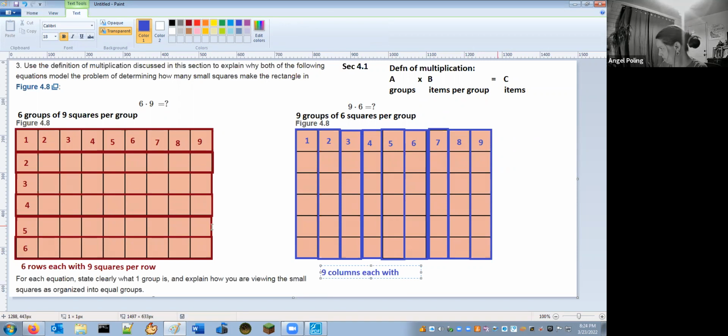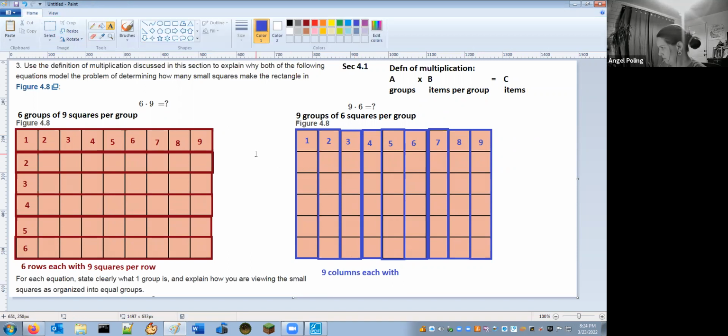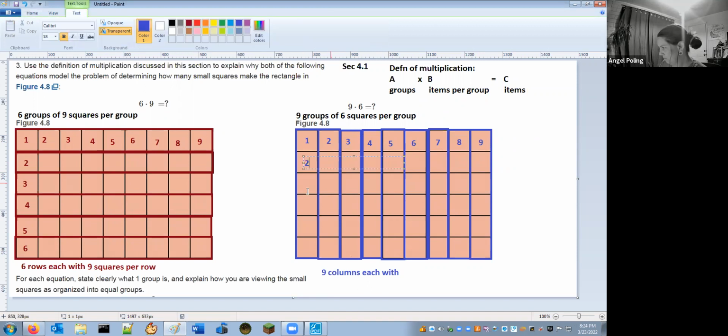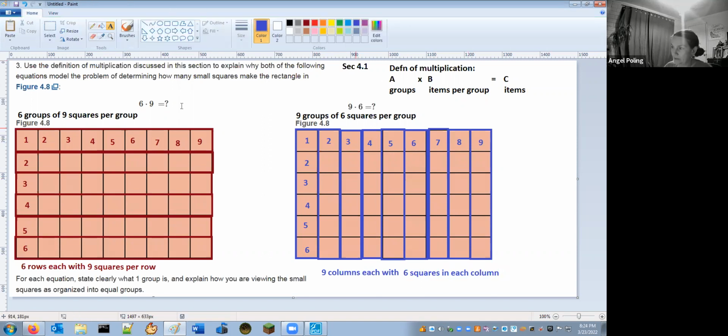Each with 6 squares in each column. Okay, so we've used our definition of multiplication to describe how each of these equations represented the array to begin with, right?